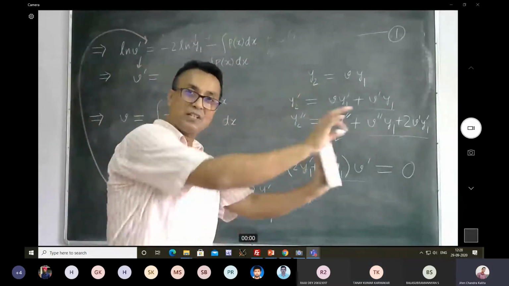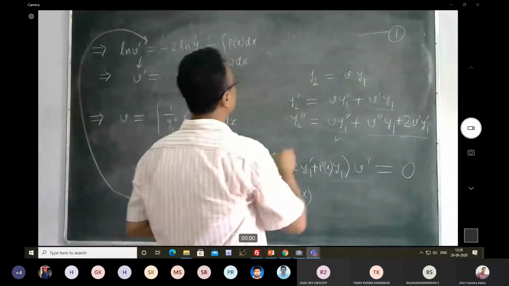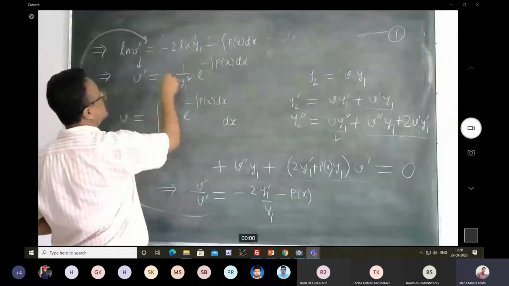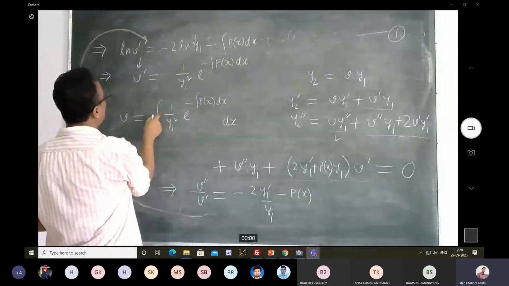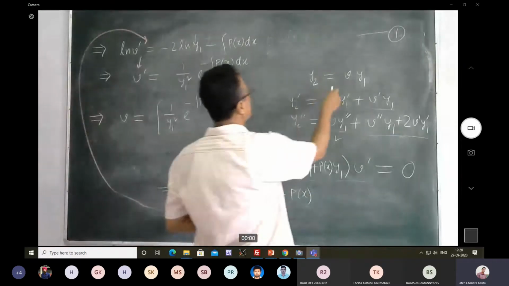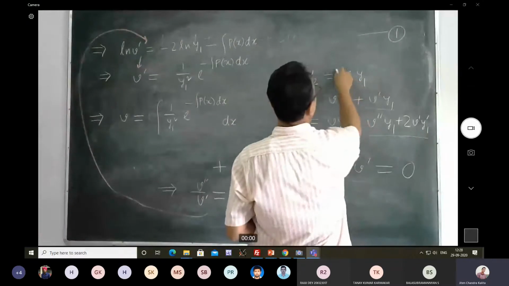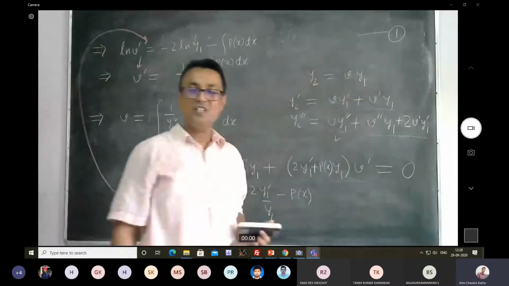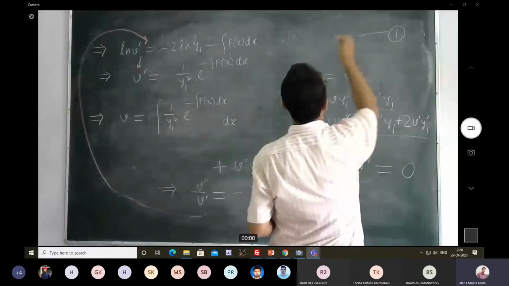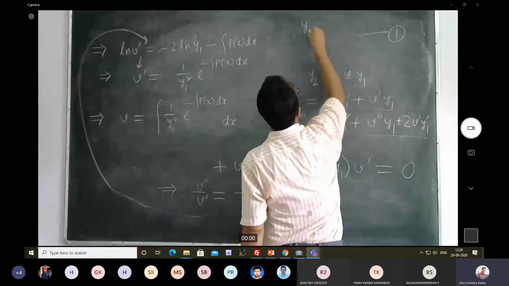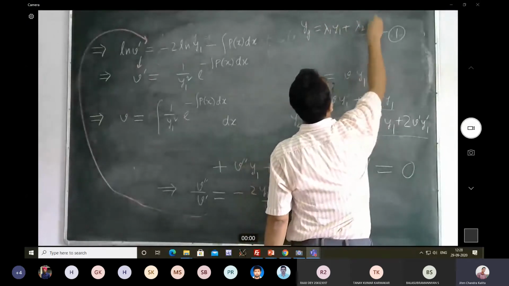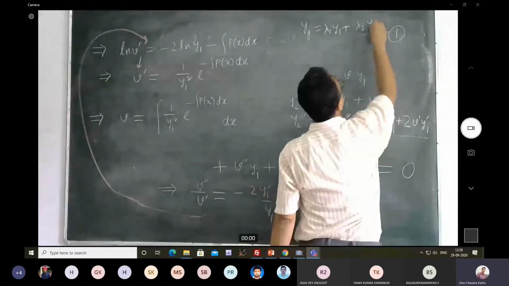Let me explain what he was saying. I could have easily got a constant of integration here, say k. Now, if I plug in here the value of v, I will have some k into something, isn't it? But when you consider a general solution, it is going to come as y equal to lambda 1 y1 plus lambda 2 y2, right?